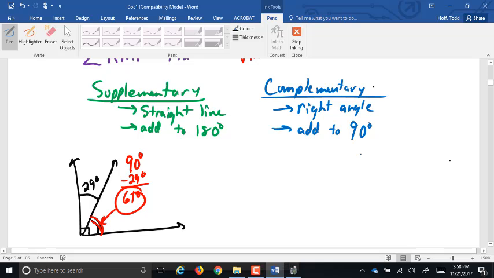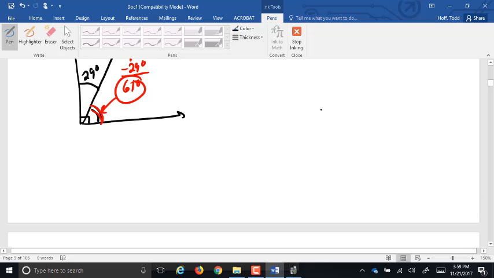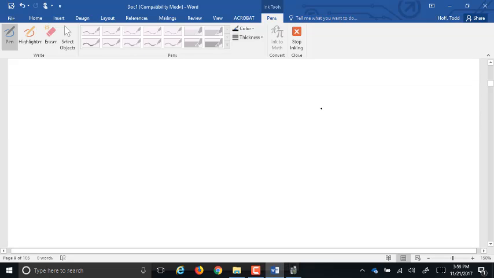Well, complementary involves a right angle. And I think of it this way, you get compliments when you are right. Next relationship.